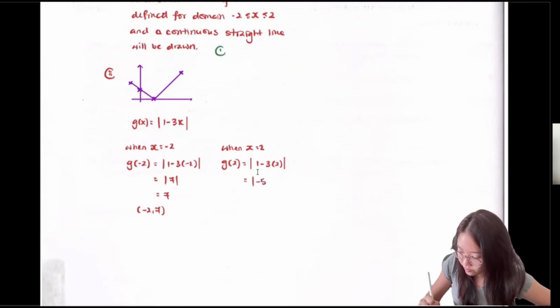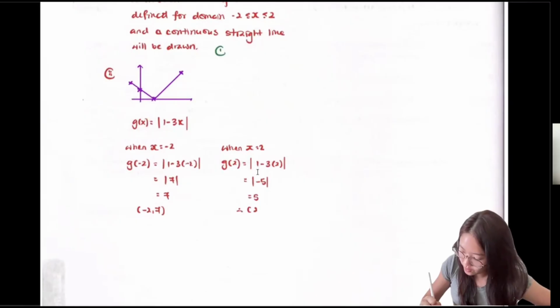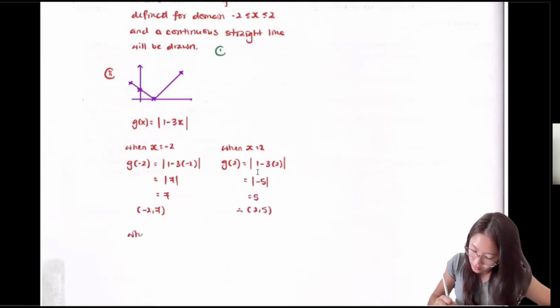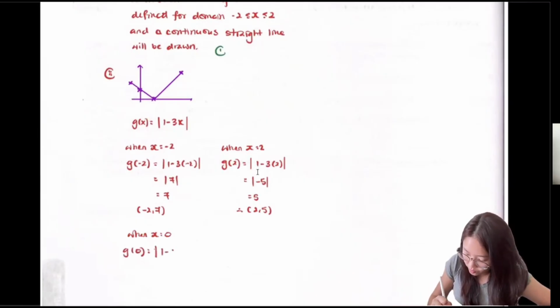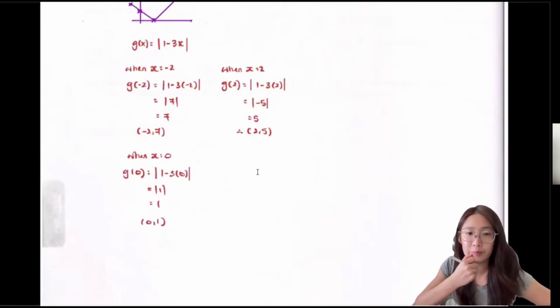Negative 5. After your modulus it becomes 5. This is (2, 5). When x equals 0, g(0), 1 minus 3 times 0, this is 1. So this is (0, 1), your y-intercept.